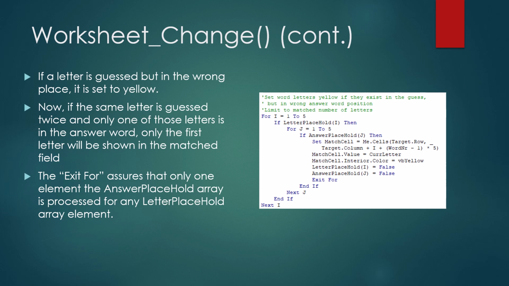So once an occurrence of that happens, then the element in both of those arrays are turned from true to false, and then the Exit For means that we're not looking at any more of the answer words. And so the next time we process through the J loop is when there are any more letters that are left in the I loop in the placeholder array.